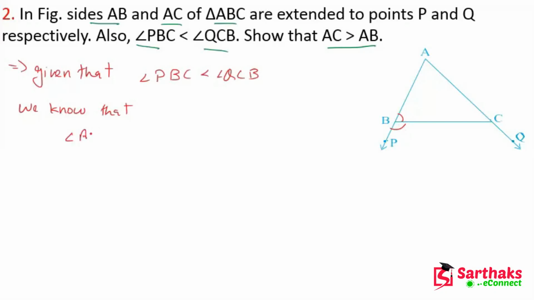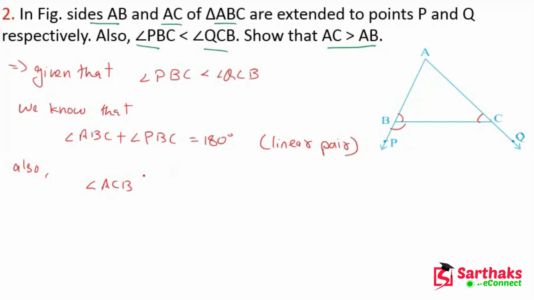So angle ABC plus angle PBC is 180 degrees. This is a linear pair. Also angle ACB, this angle, plus angle QCB, this angle, is equal to 180 degrees. Again the same reason, linear pair.